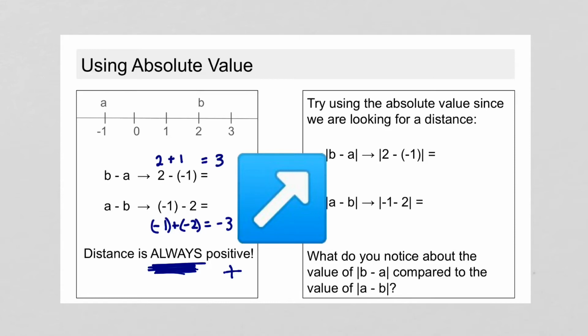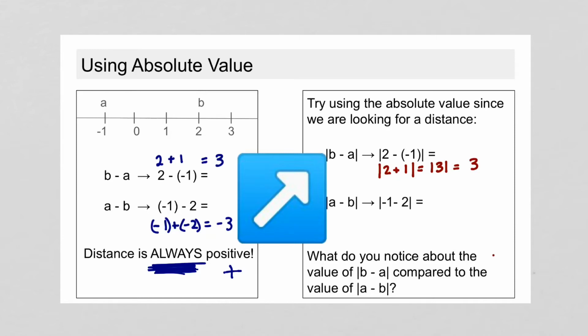We know how to do that. So let's change our operator and take the inverse. So the absolute value of 2 minus a negative 1 is the same thing as the absolute value of 2 plus 1, which is just the absolute value of 3, which is 3, okay?